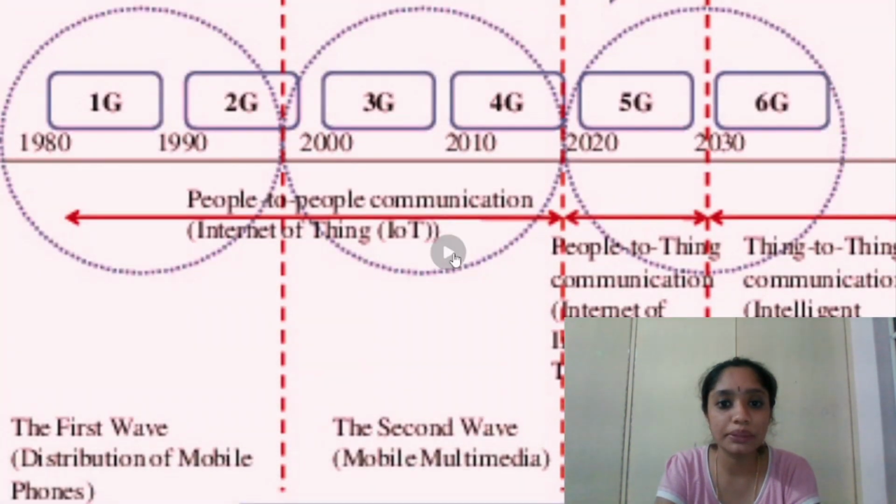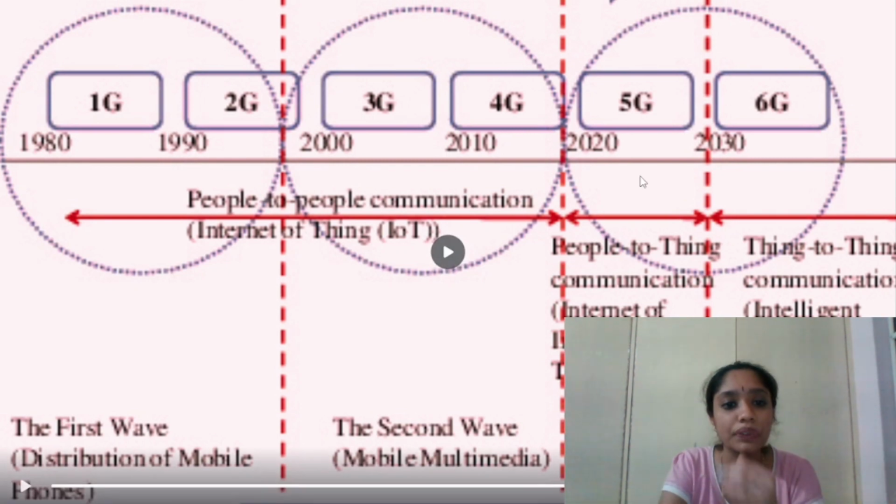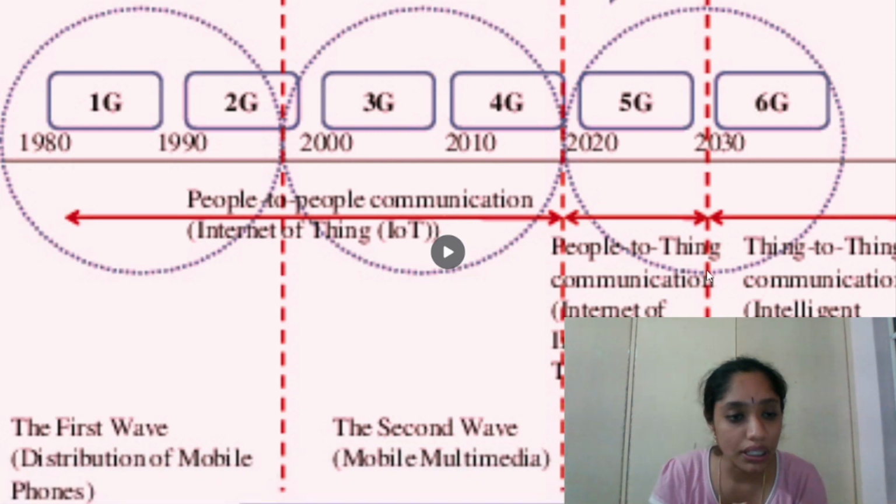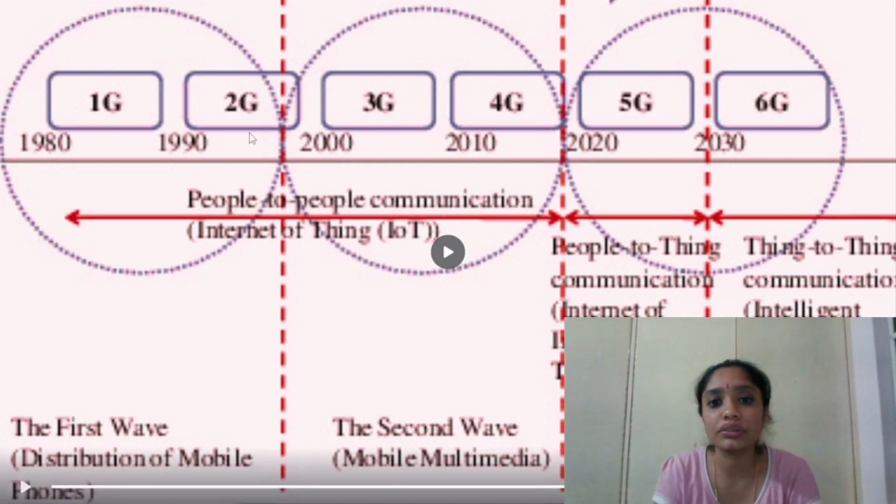So here is a timeline. Okay, what actually was the generation of mobile technology from starting to ending. As you can see here, I've made a summary about it. From 1980 to 1990, 1990 to 2000, 2000 to 2010, 2010 to 2020, 2020 to 2030.